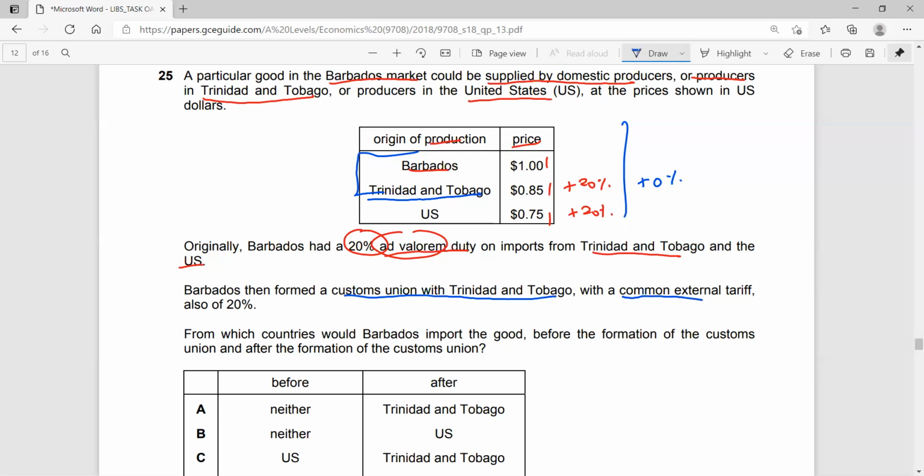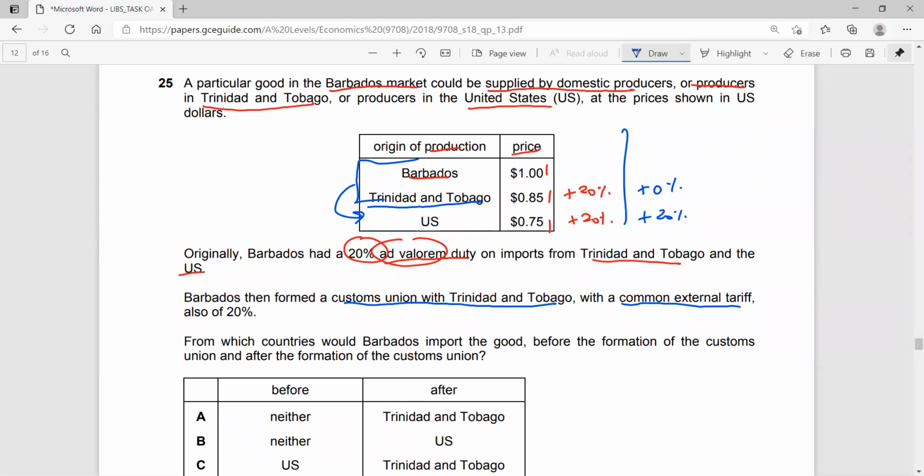But they have a common external tariff against all other countries, like the United States. The United States' products would still have a 20% tariff, so if you imported from there, your consumers would pay for it, which is why you probably wouldn't import from there.